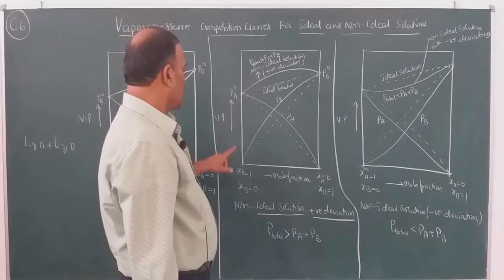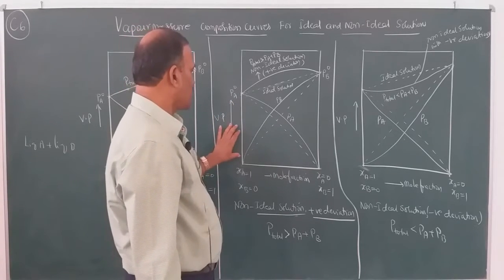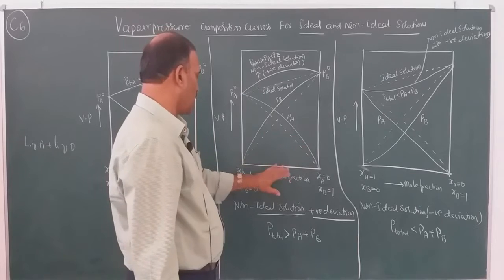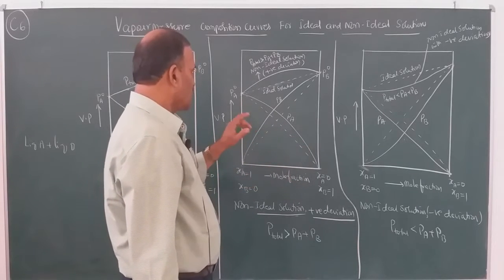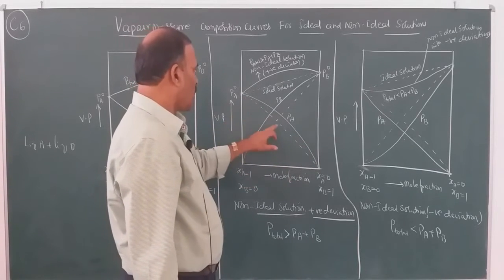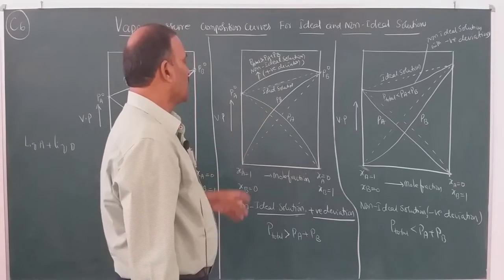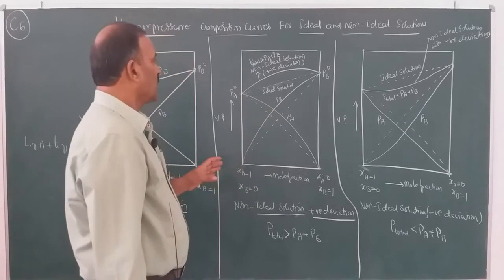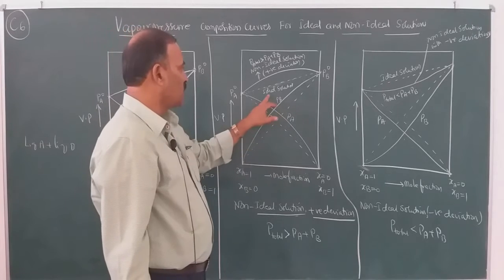So, here the plot of vapor pressure versus composition looks like this. The dotted line indicates the expected line for an ideal solution.